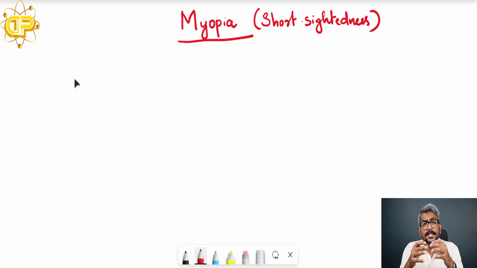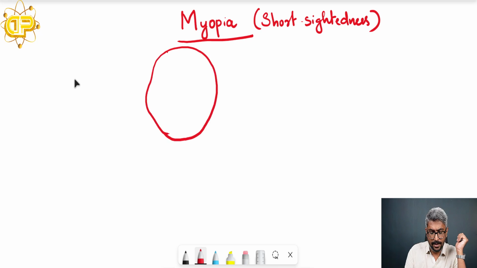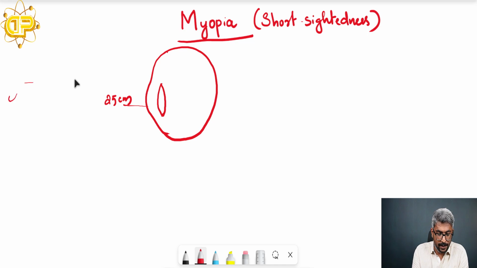So the first term is short-sightedness or myopia. What is this myopia? I'm representing the normal human eye like this, and we have a natural lens inside our eyes, a convex lens more precisely. A normal eye can see an object which is around 25 centimeter in front of the eyes to infinity.